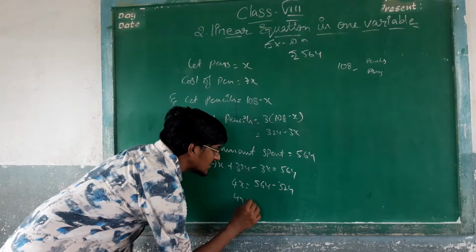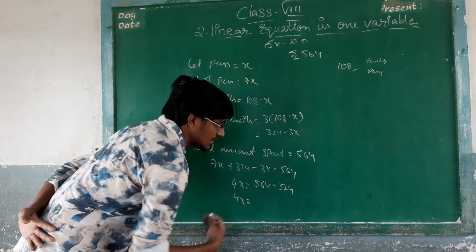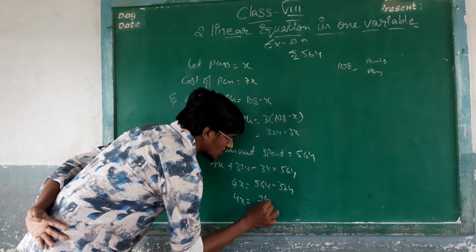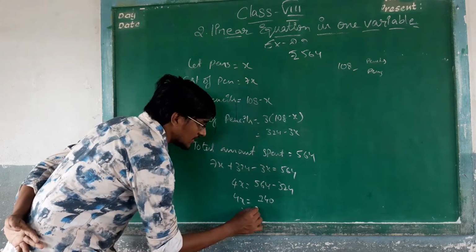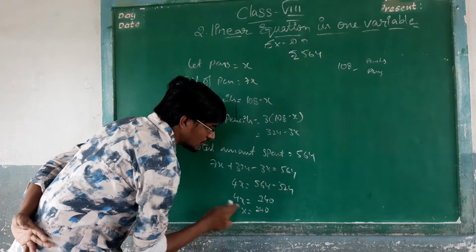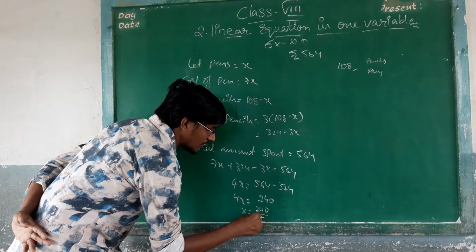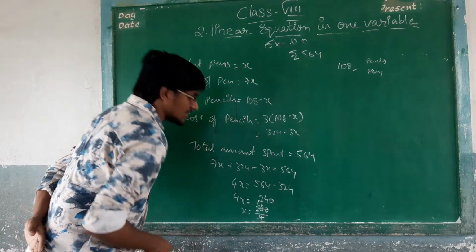That implies 4x equal to 564 minus 324, that is 240. So we want the x value here. So move this 4 to the right hand side, it will become 240 by 4, that is 60. Okay.